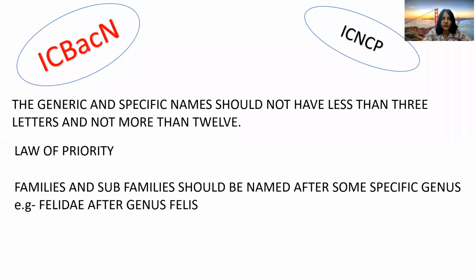So what are the bodies we have? If we are naming a plant, then we will contact the ICBN, that is International Code for Botanical Nomenclature. For animals, we have the ICZN, International Code for Zoological Nomenclature.